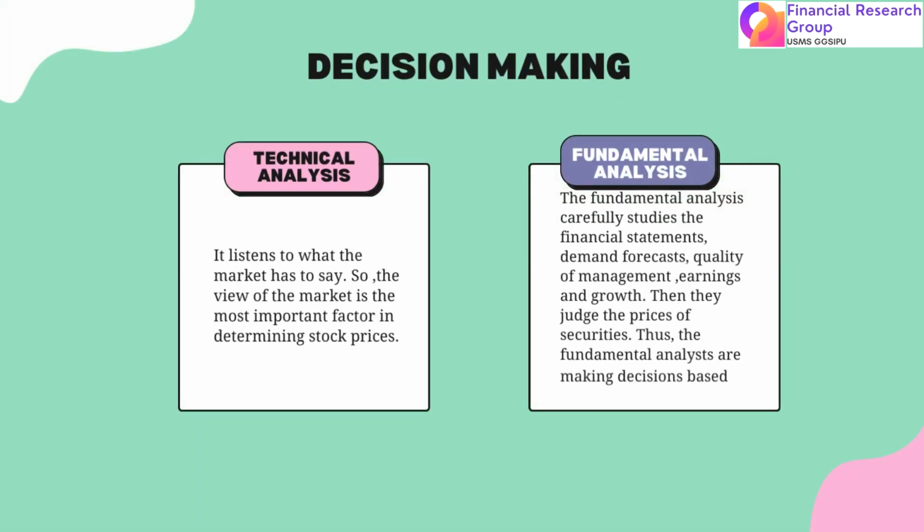Technical analysis listens to what the market has to say, so the view of the market is the most important factor in determining stock prices. Whereas fundamental analysis carefully studies the financial statements, demand forecasts, quality of management, earnings and growth. Then they judge the prices of securities.